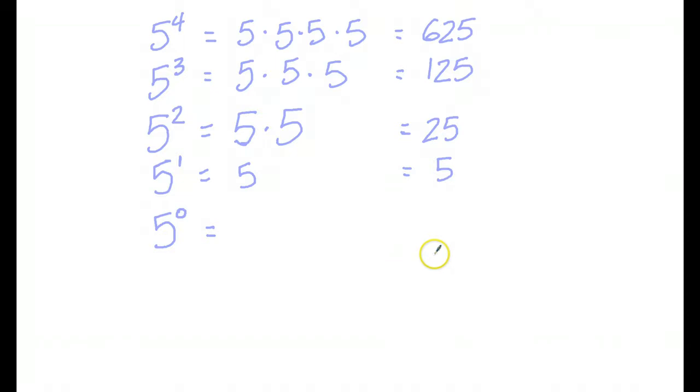Okay. Well, what is 5 to the 0 going to come out to? Now, I'm assuming that many of you would have sort of the same thought process here. I'm guessing that almost all of you came up with one of two answers. You either thought that it equals 0, or maybe some of you thought it might be equal to 1.